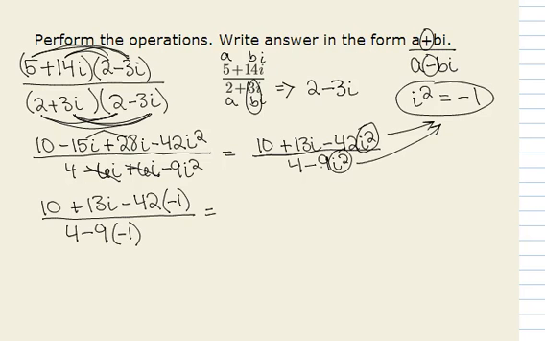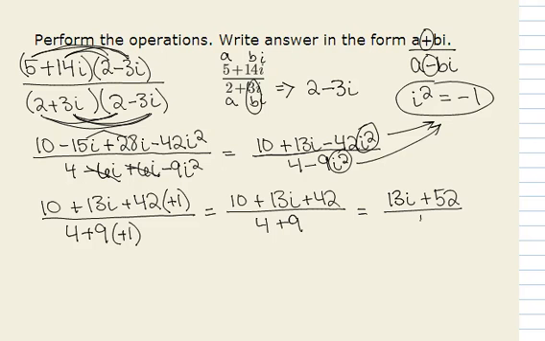So we can simplify this, combine like terms. We'll have 10 plus 13i, and this becomes plus 42, all over 4 plus 9. So then we end up with 13i plus 52 all over 13.